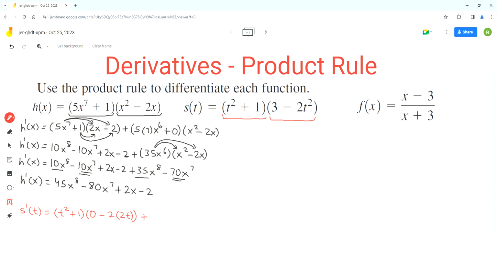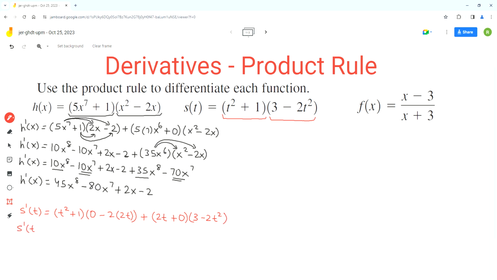Plus the derivative of the first function. So the derivative of t squared is 2t and the derivative of 1 is 0, and times 3 minus 2t squared.